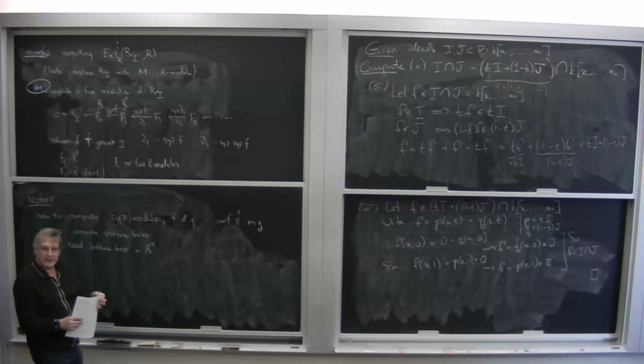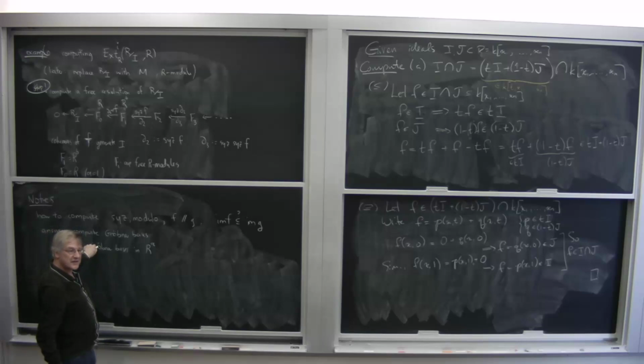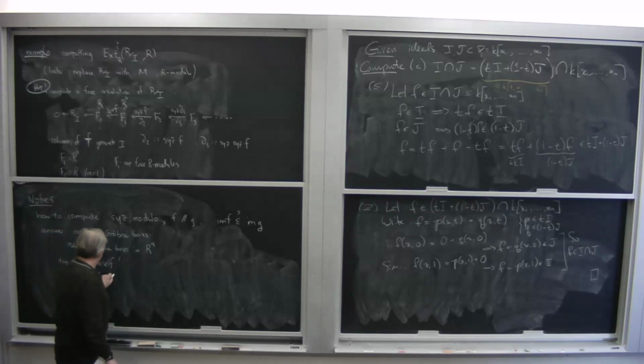For now, we're not going to talk about that in class. You should be able to take the Gröbner basis method and the stuff we've done for ideals and extend it yourself. But if you don't want to do that, you can look in Eisenbud, in his commutative algebra book.